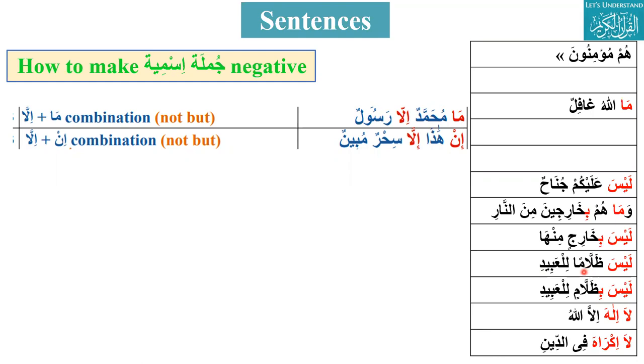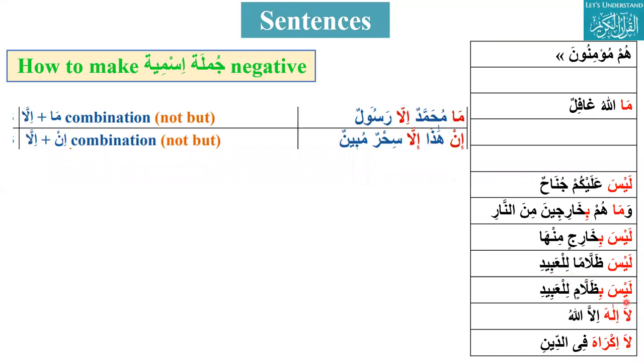He is not the biggest wrongdoer for the servants. Abid is like ibad, also the plural of abd. Abd, abid, ibad, servants. Yes, he is not the biggest wrongdoer for the servants.